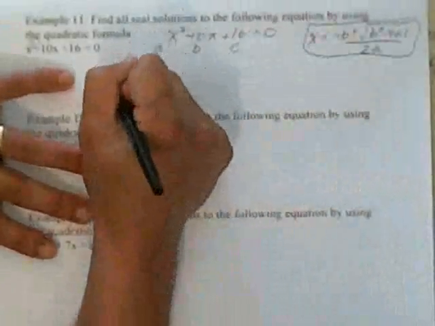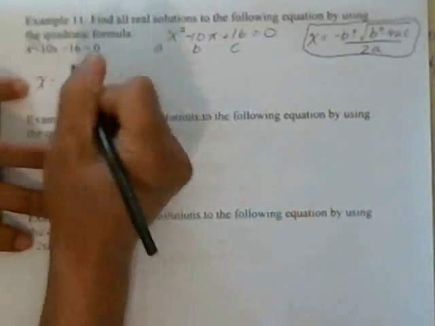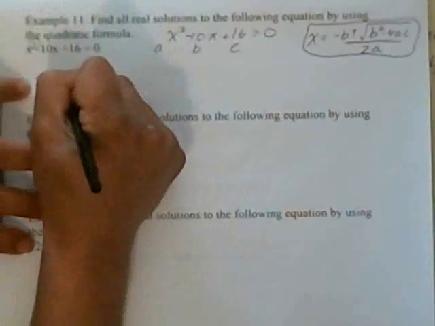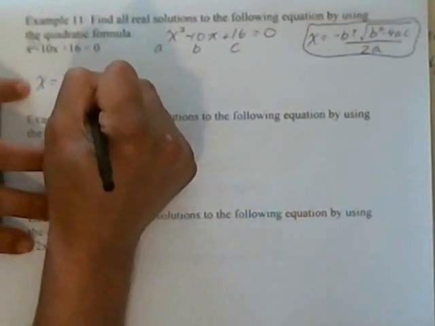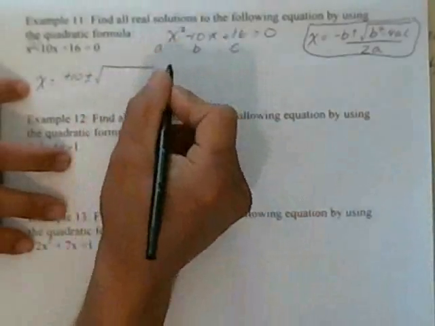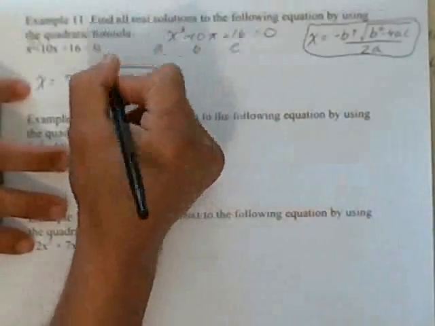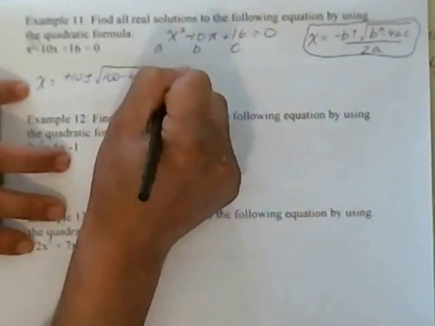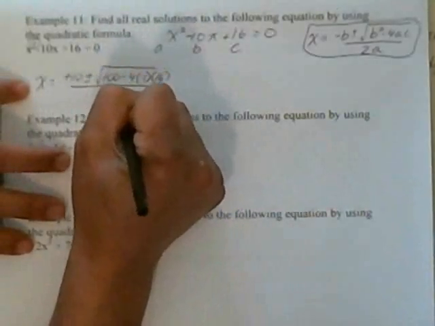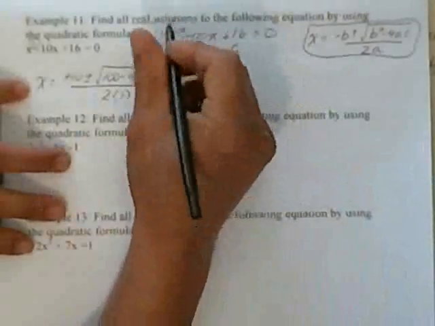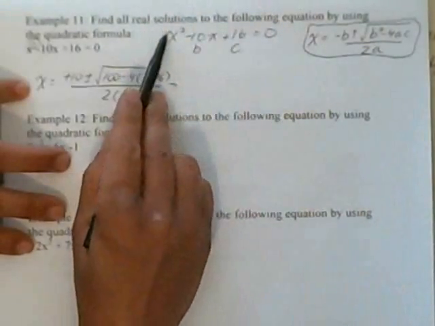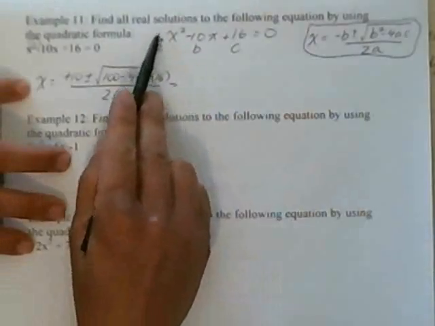So here we go. x is equal to negative b, which is negative 10, so it's going to be positive 10 plus or minus square root of b squared. Negative 10 squared is 100 minus 4 times a times c, all over 2 times 1. Remember, our a value is the leading coefficient right over here. That's your 1. Okay? So our a value is 1.